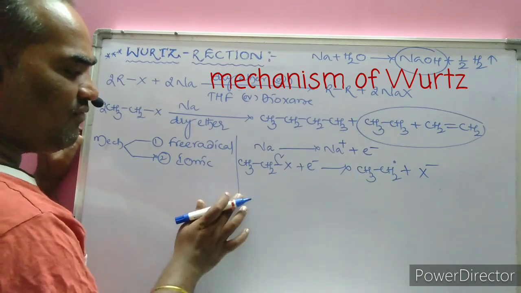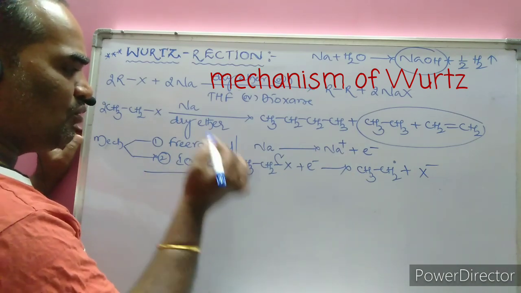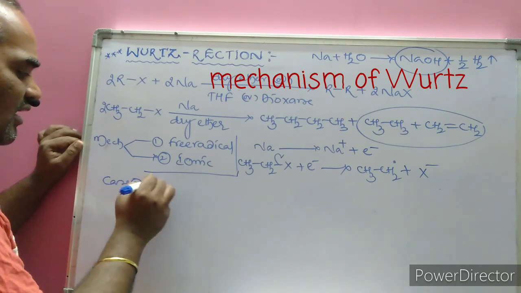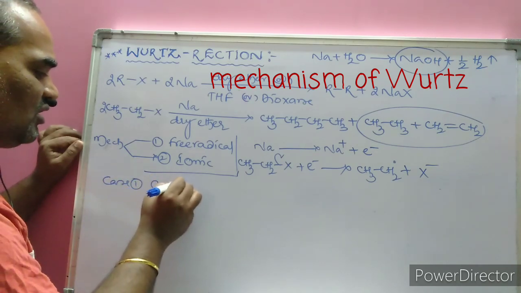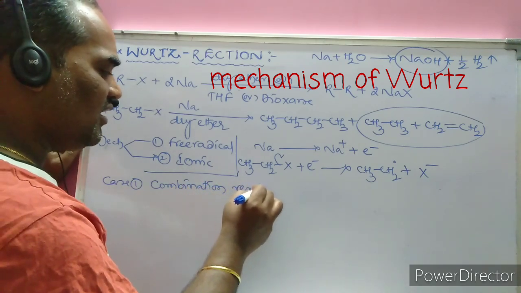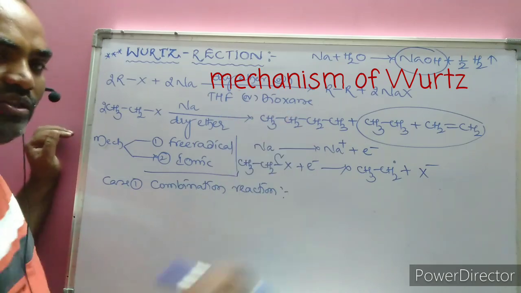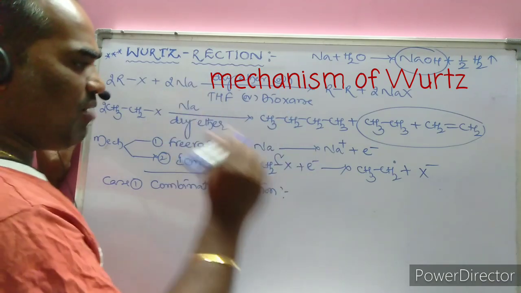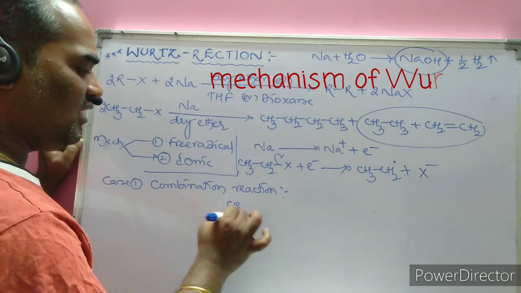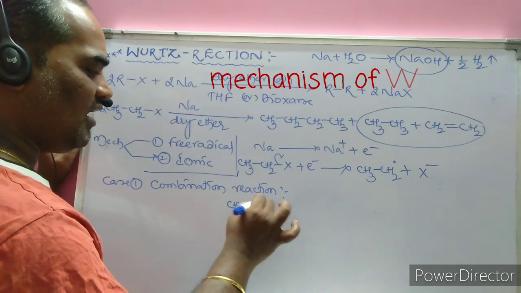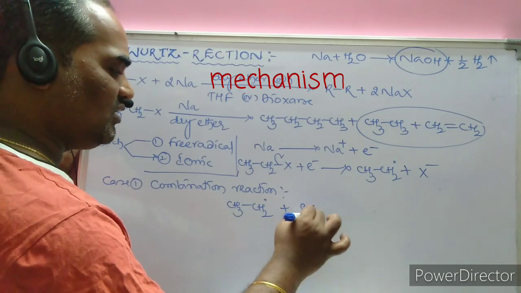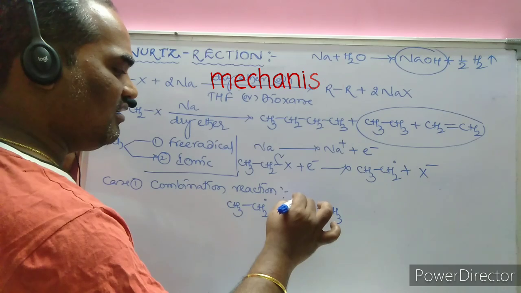Then, to explain from here, we have two mechanisms. Case 1 is a combination reaction. The combination reaction is very suitable to explain the product in the Wurtz reaction. In the combination step, a CH3CH2 radical is there, and another molecule also has the same CH3CH2 radical.